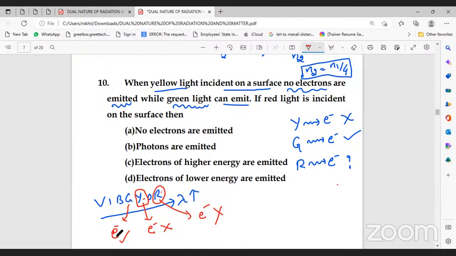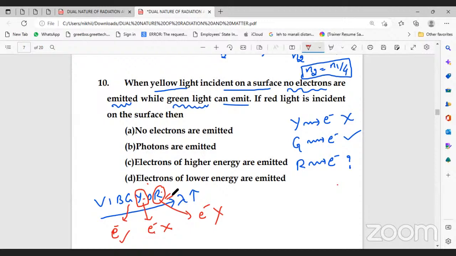So for green color, the electron is emitting, but for yellow color, the electron is not emitting, which means the wavelength of yellow color has crossed the threshold. If yellow itself has crossed the threshold wavelength, then obviously red color has to cross it, because the wavelength of red color is more than that of yellow.